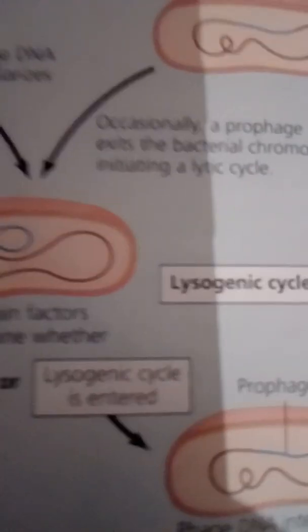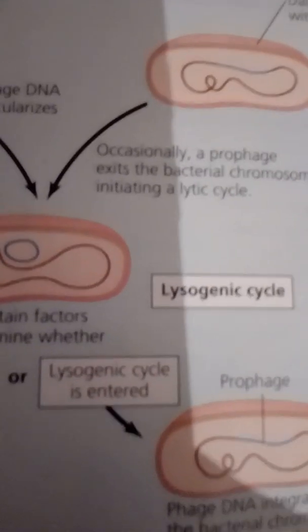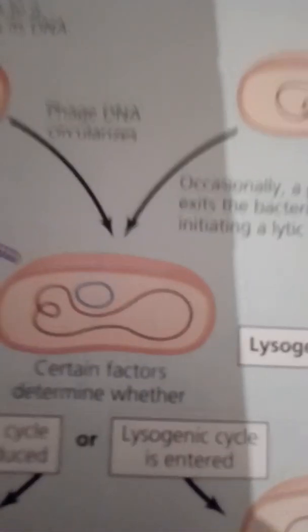In addition to the gene for the transcription-preventing protein, a few other prophage genes may also be expressed during lysogenic cycles. Expression of these genes may alter the host's phenotype, a phenomenon that can have important medical significance.